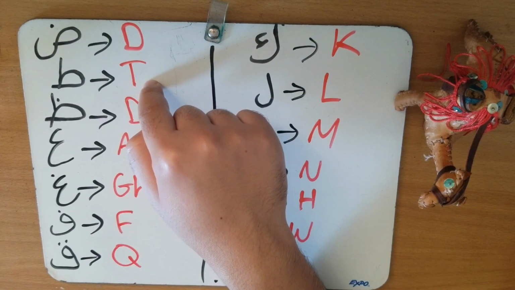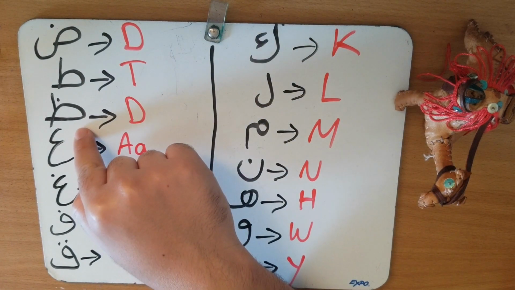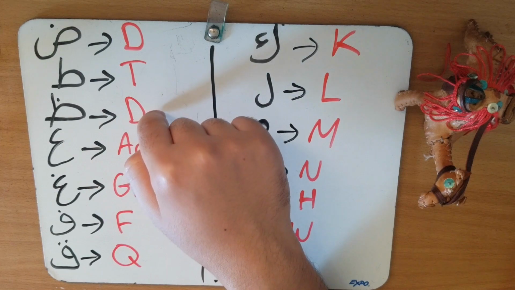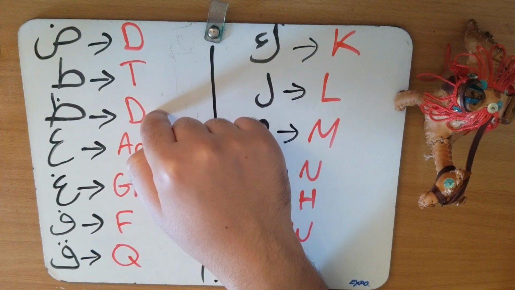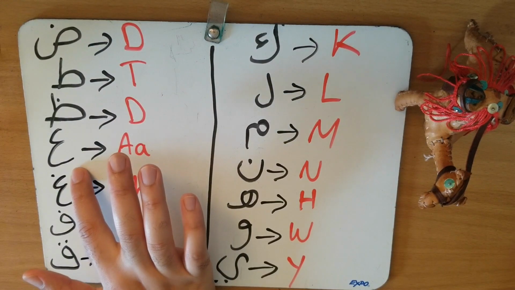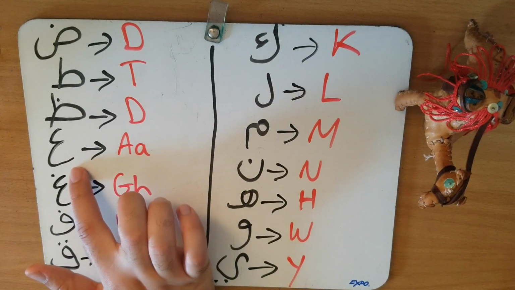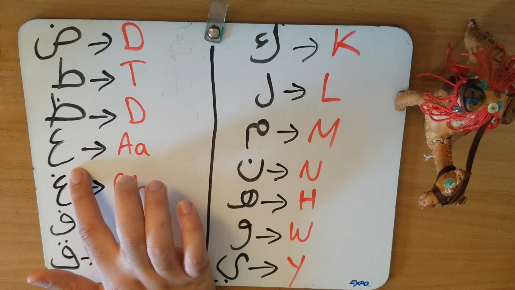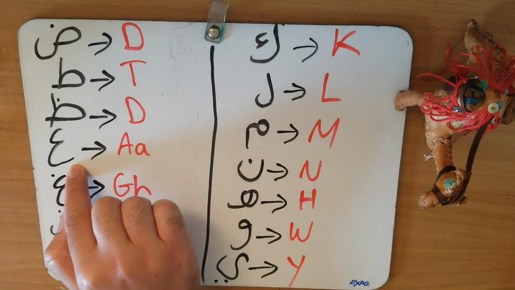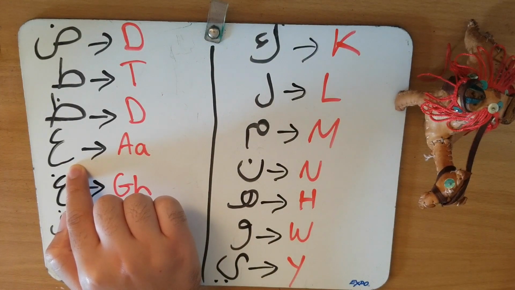It's a deep and thick T sound. Da is D, but also again thick. Ain. I think this might be one of the most challenging letters to pronounce for non-Arabic speakers. It's a very deep sound.